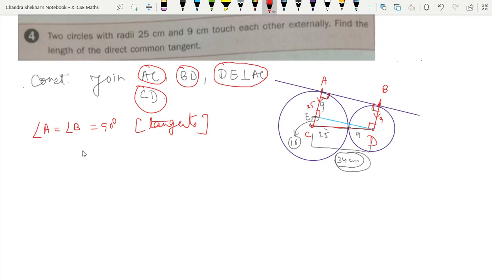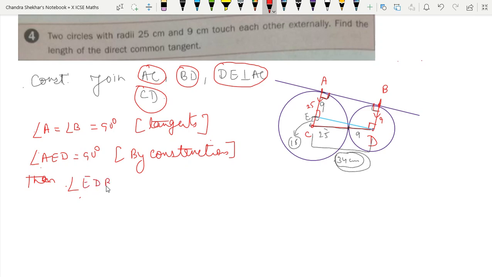So we can write here angle AED is equal to 90 degrees. This is by construction. Then angle EDB will be 90 degrees. You know how?